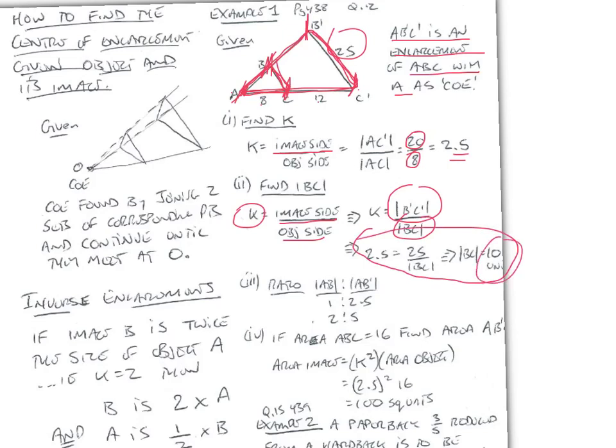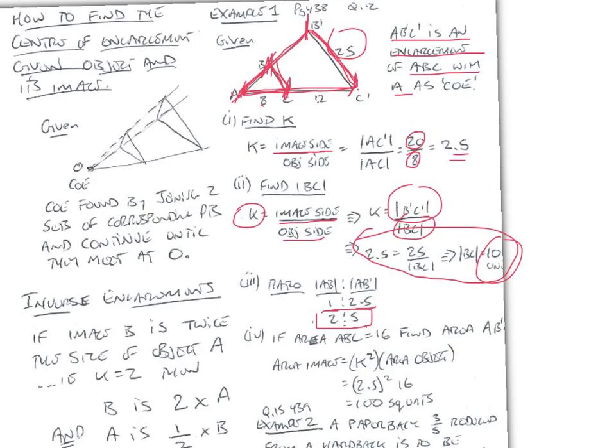Then we're asked to find the ratio of the lengths of side AB to AB'. We know the scale factor of one triangle to another is 1 to 2.5. So if we multiply both sides by 2, we'll get the ratio is 2 to 5. That's the ratio of the length of the sides between AB and AB'.